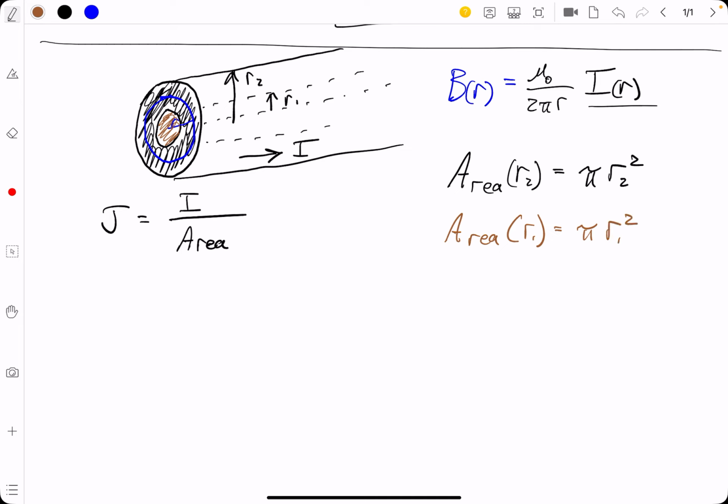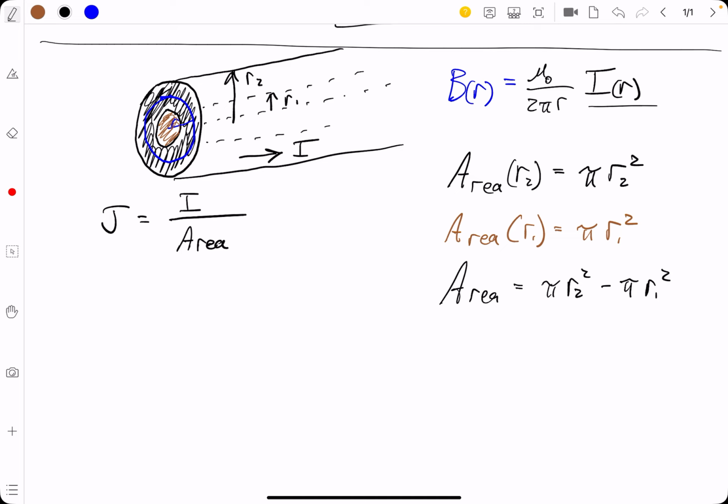And so our total area that we really want, let's go back to black. Our area total is equal to pi R2 squared minus pi R1 squared.